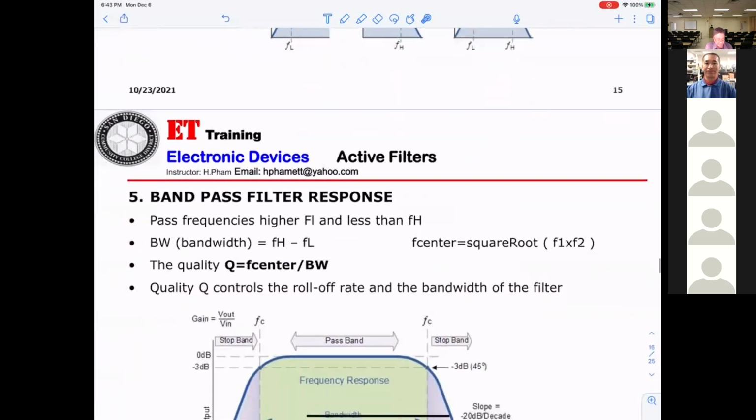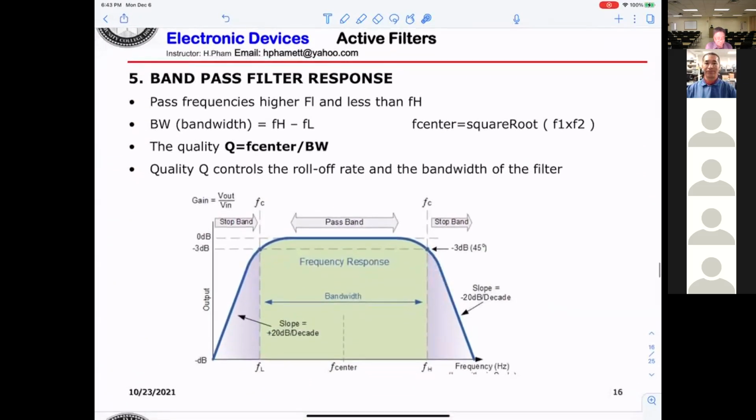Let's see more detail here. Again, this is the output of the band pass filter. You get F low and F high, the lower and upper cutoff frequencies. This is the bandwidth. To calculate it, you take F high minus F low. That's how you get the bandwidth.